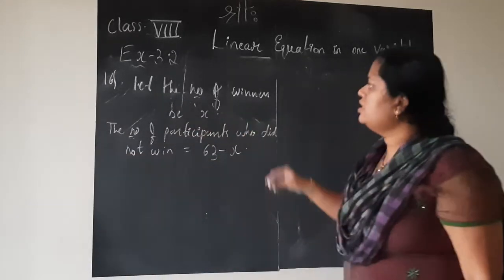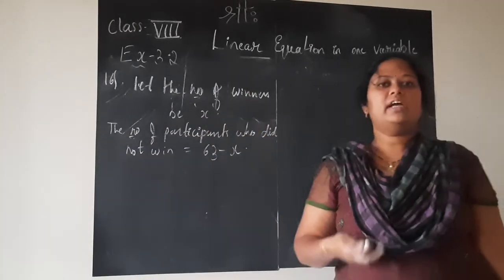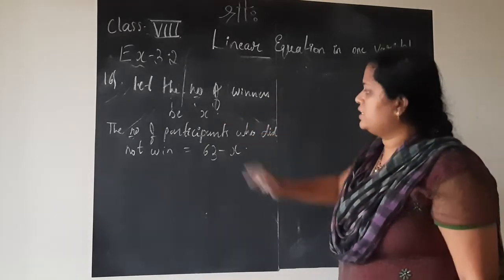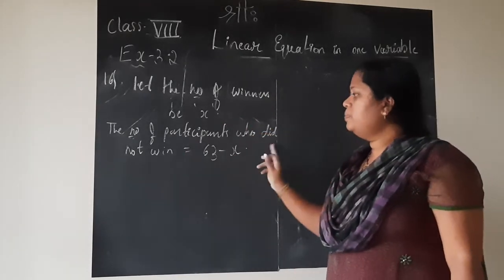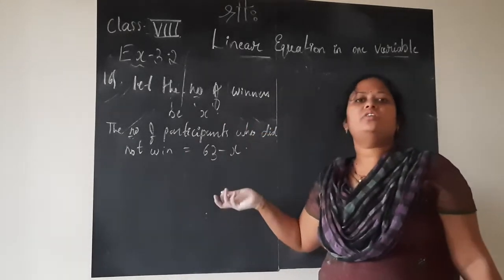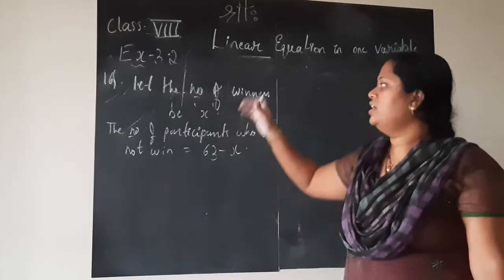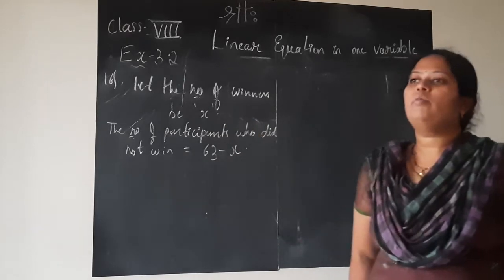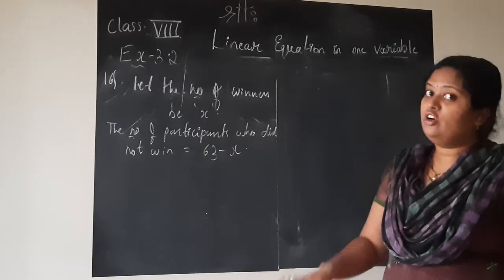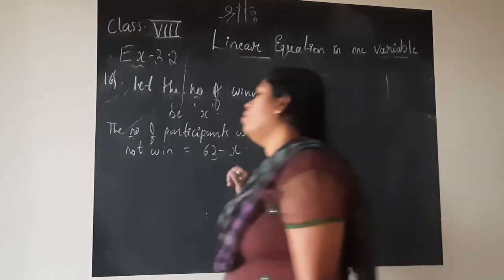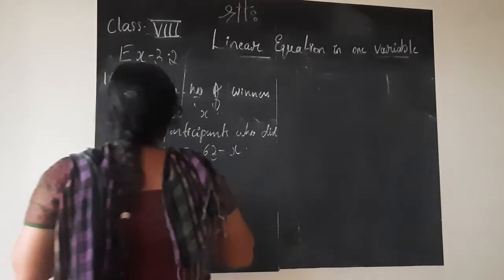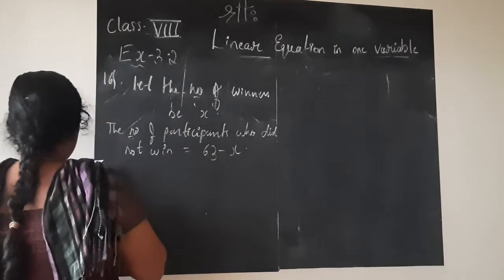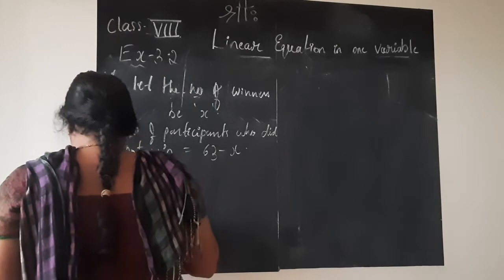As I said, children, we don't know how many won. So we are taking the winners to be x, and the number of participants who did not win, meaning those who lost, out of 63 participants with x winners, is 63 minus x. When you do this, you get the number of participants who did not win and who took home rupees 25. So the number of participants who did not win is 63 minus x.